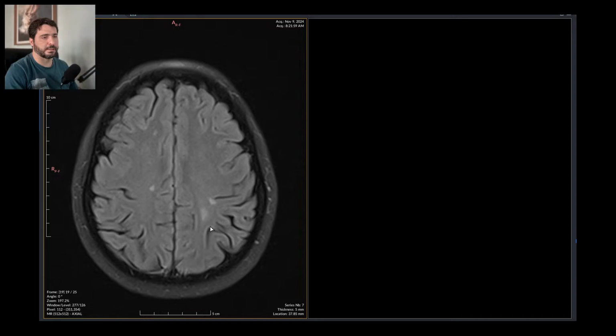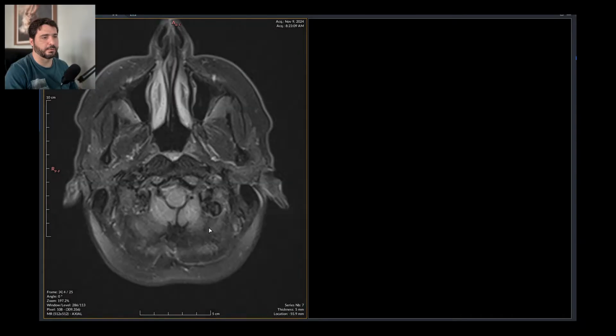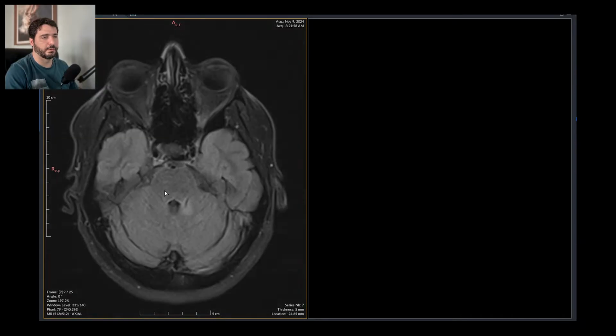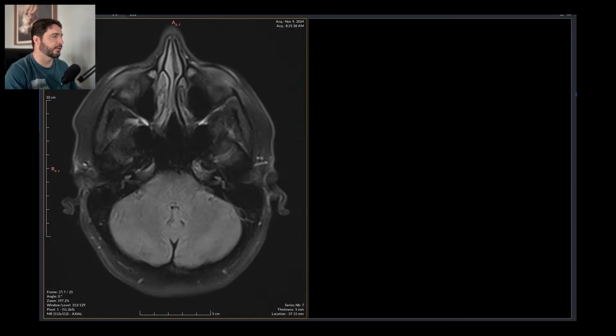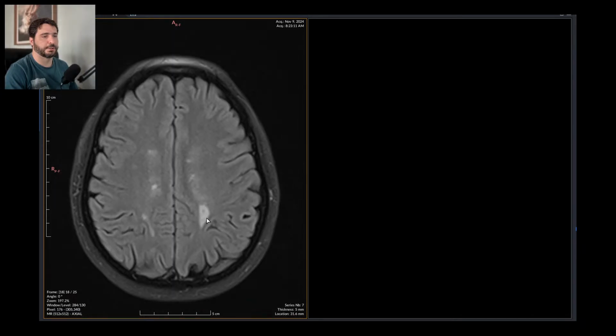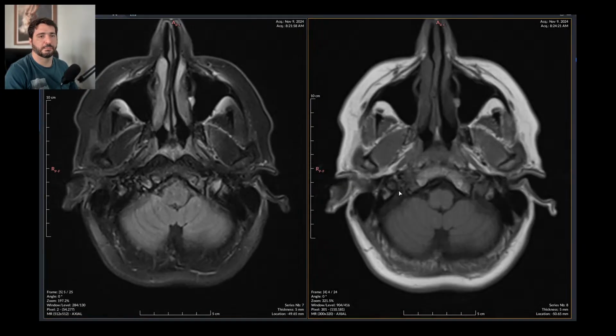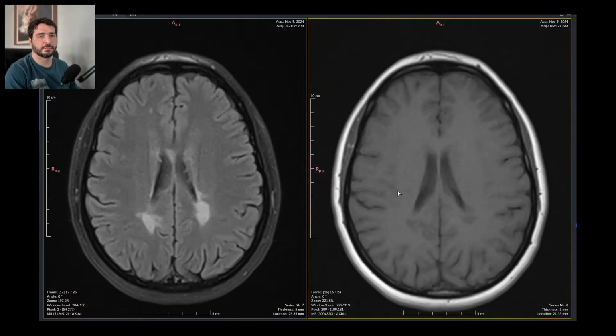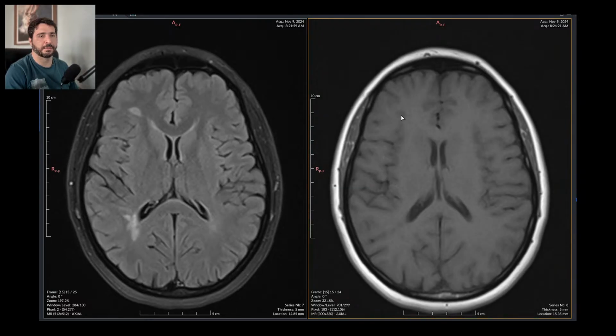So this is classic multiple sclerosis, also on the brainstem and the cerebellum. There are signs of gliosis and signs of malacia right there, which are those small black spots surrounded by bright.